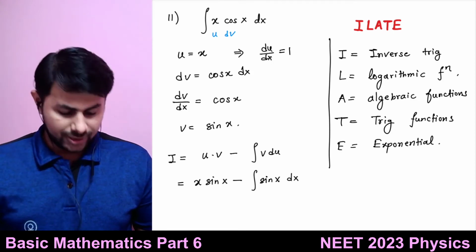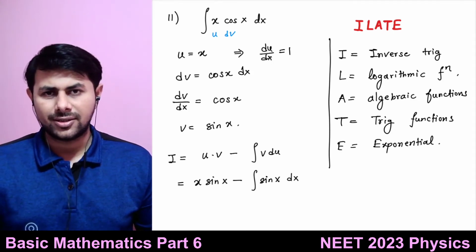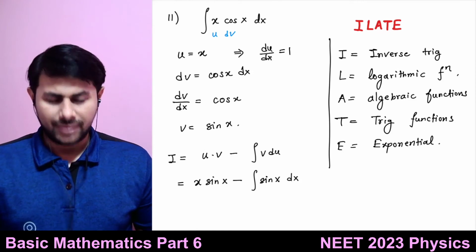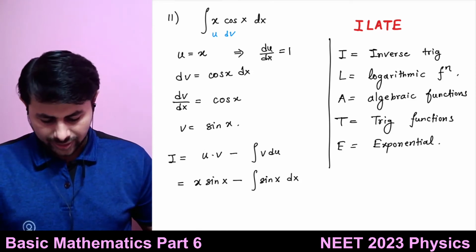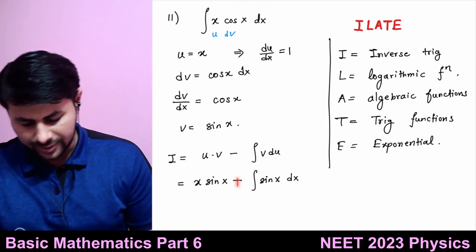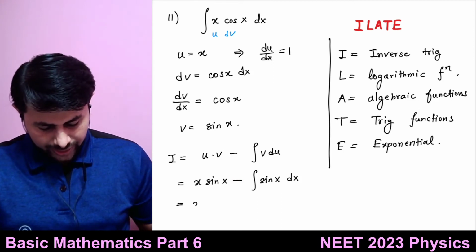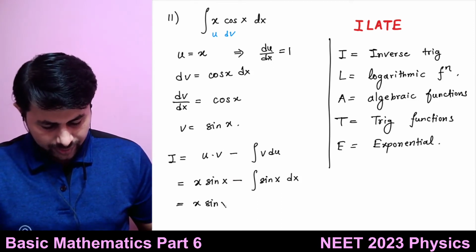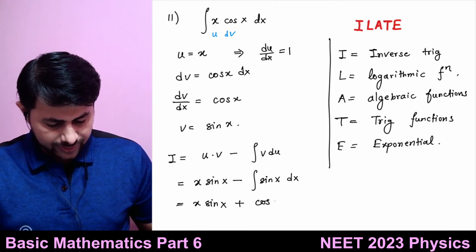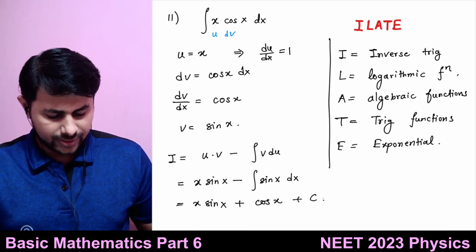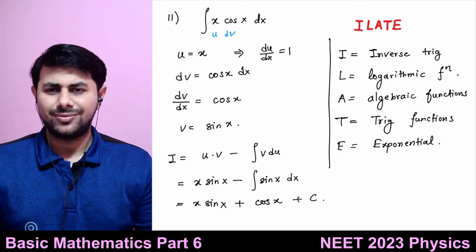Now what is integral of sin x dx? It is minus cos x, and minus minus becomes plus. So we have x sin x plus cos x plus c. Got it?